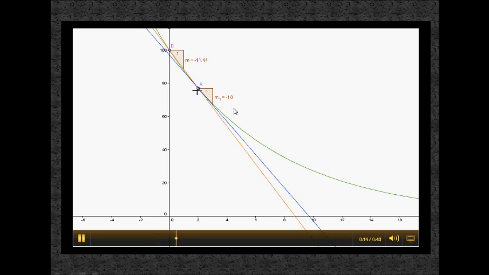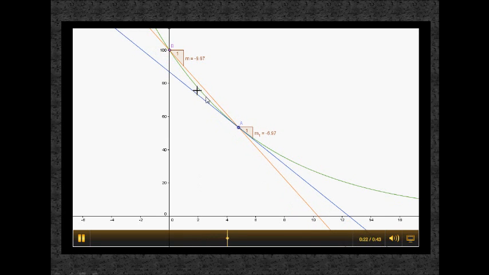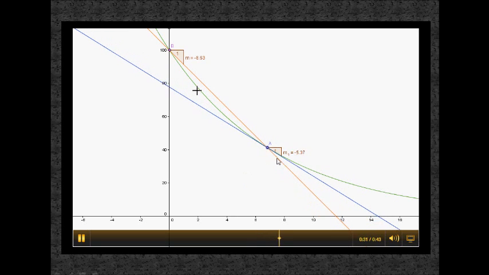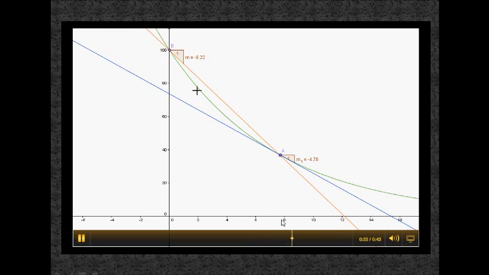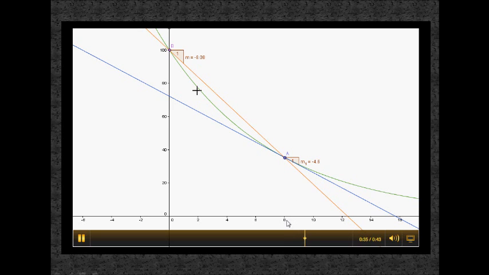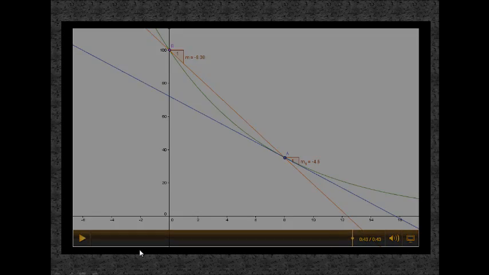The slope is decreasing on the negative side. At t equal to 2 it was minus 10, and we need it at t equal to 8. At t equal to 5 it's around negative 5, and it's getting reduced, and we are looking for the slope at 8, which is negative 4.6 or so. So this is exactly what we are looking for.